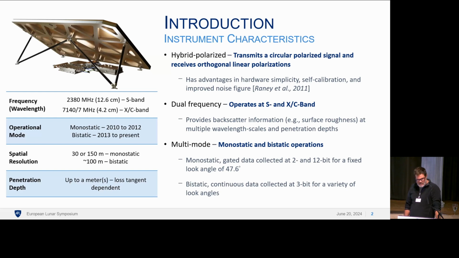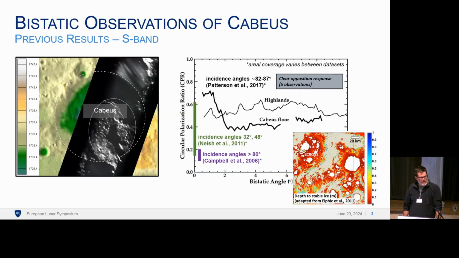A key for us in pitching the bistatic mode and then continuing to operate in it is to look at the radar scattering phase function of materials on the surface. We call it the bistatic angle because phase has a different connotation in radar, but it is essentially the radar scattering phase function. We wanted to do so because there are specific implications for these phase functions for different materials.